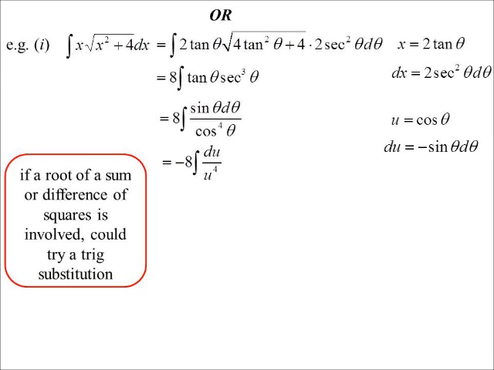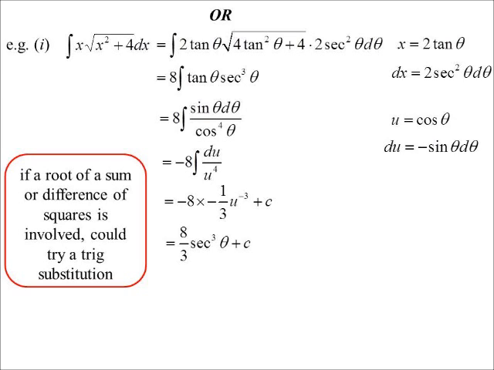You could have just added 1 to the power over the power with the cos. But we'll do the same thing here. U to the power of 4 in the bottom of the fraction is, of course, u to the negative 4. Add 1 to the power negative 3 over negative 3, and we end up with 8/3 sec cubed theta.